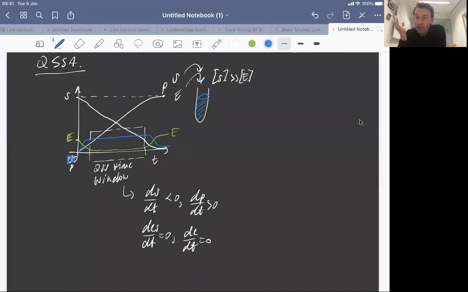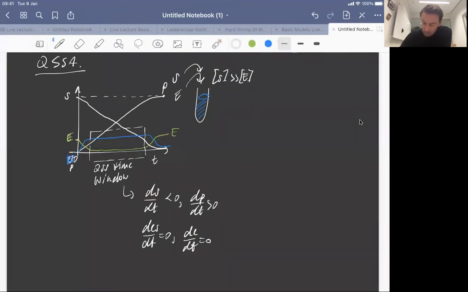That means that for every product formed, immediately the substrate will bind to E again, so that there will be no concentration changes in E, S, and ES during this time window. Only when S is depleting, you will see, in this particular region, that ES goes down and E goes up. So there exists this quasi-steady state time window because S is in great excess over E.